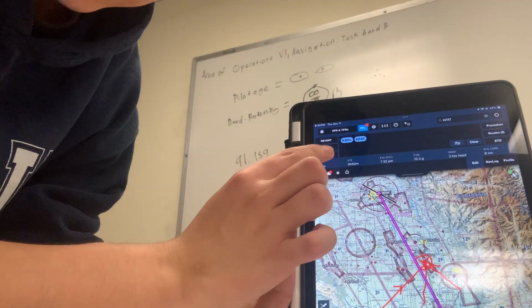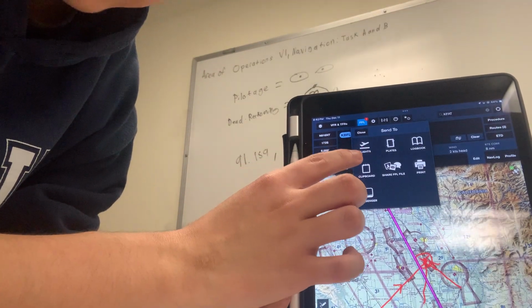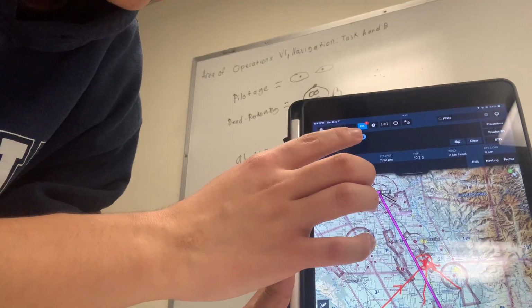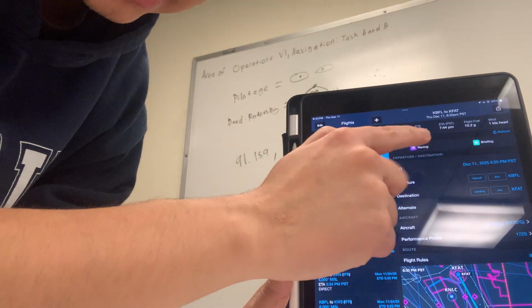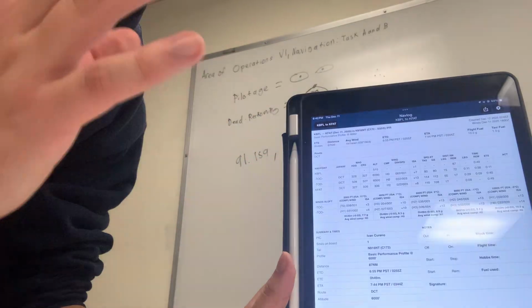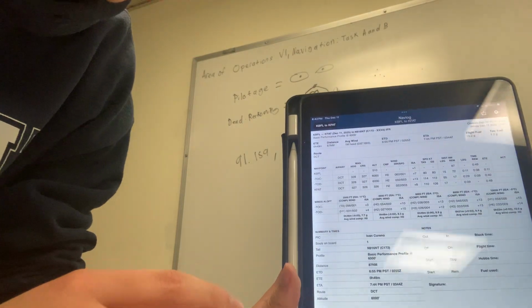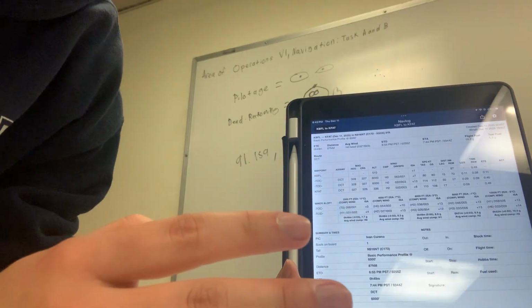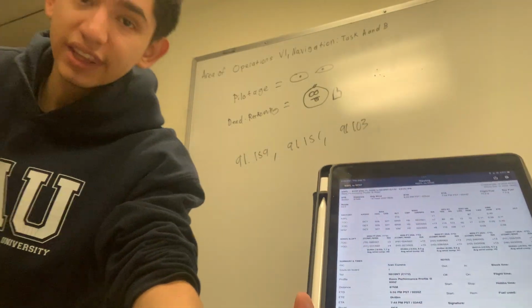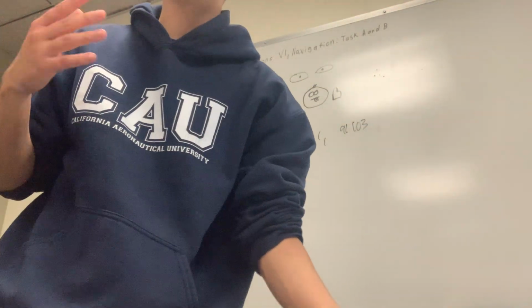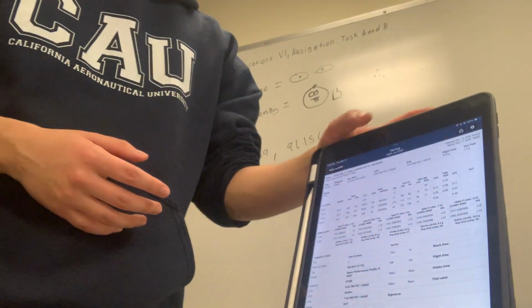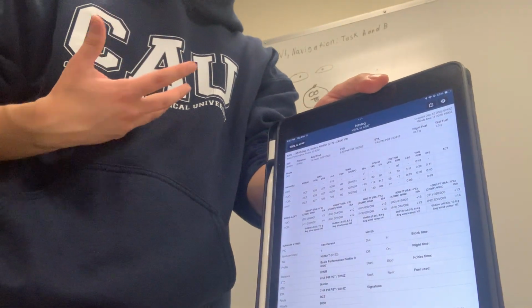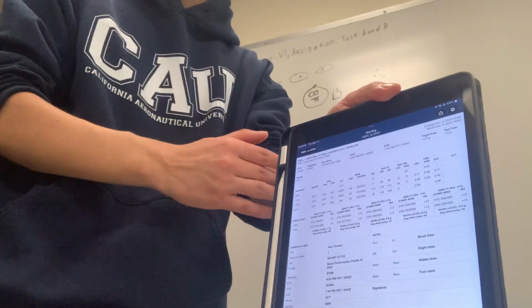But something I want to show you is if you go here, see this little up arrow, your flights, and you get Navlog here. This will give you a comprehensive briefing on the specific requirements, direction, altitudes. They might make you do a paper Navlog. I honestly don't think any of my checkrides required it.